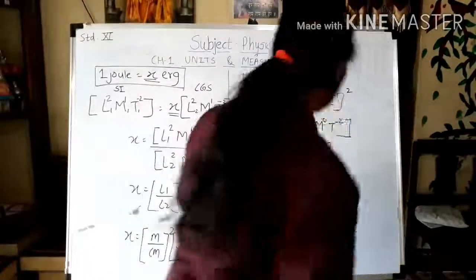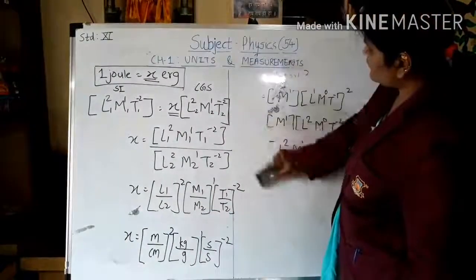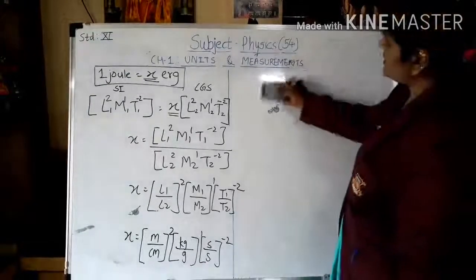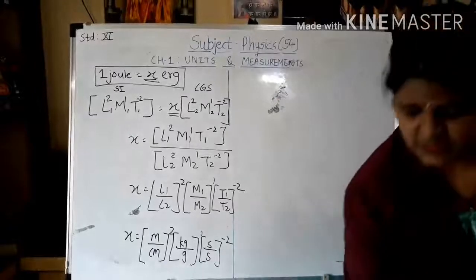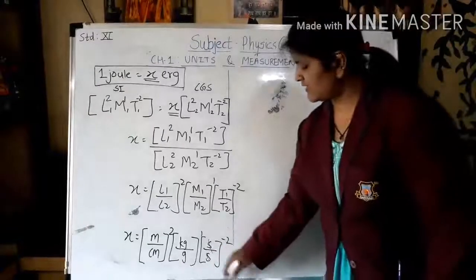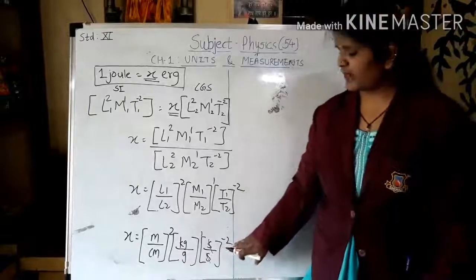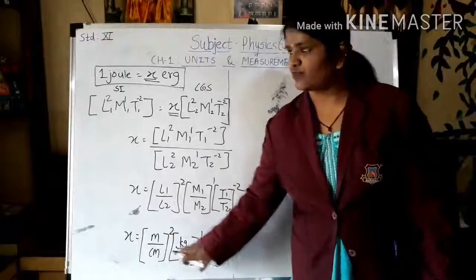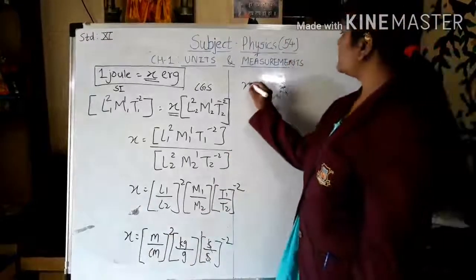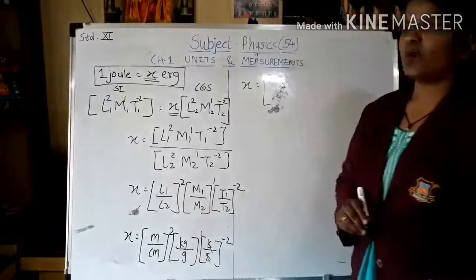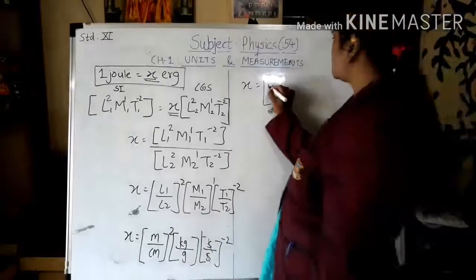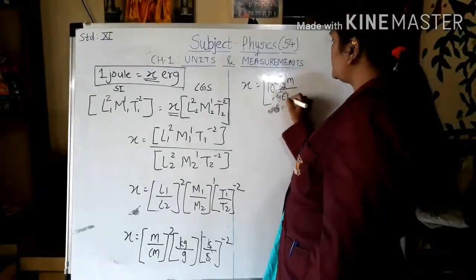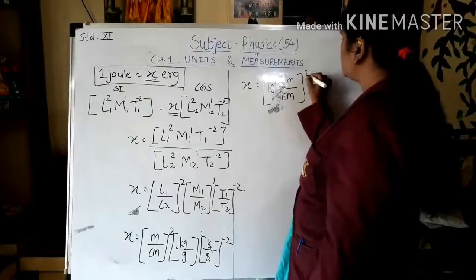Now, what to do next? You have to know the conversion factors between meter, centimeter, kg, gram and time. For time it will be the same, so the second will get cancelled and this will become 1 raised to minus 2, that will be 1 itself. So we just need the conversion between the others. What is the conversion between meter and centimeter? 1 meter is equal to 100 centimeter, so 100 can be written as 10 squared centimeter upon meter, raised to what? 2.